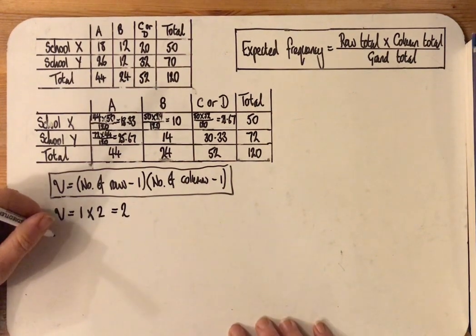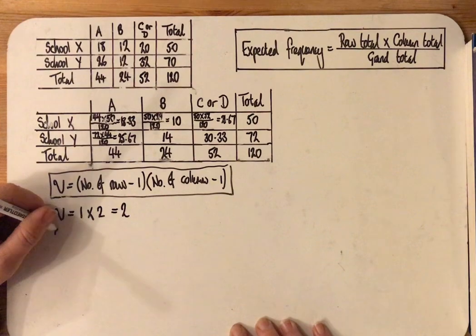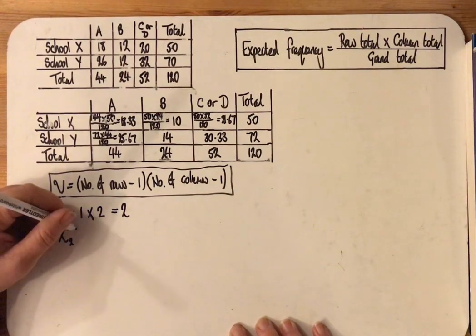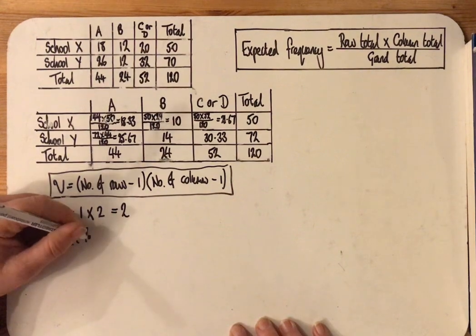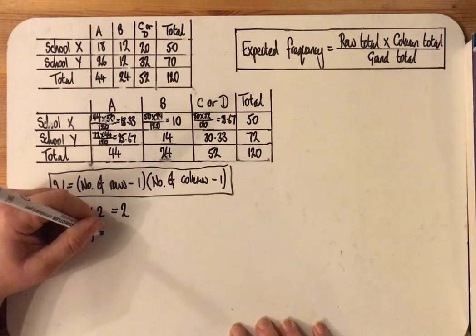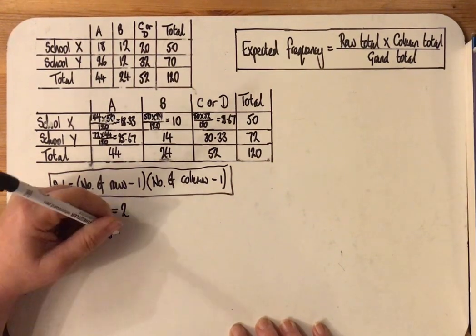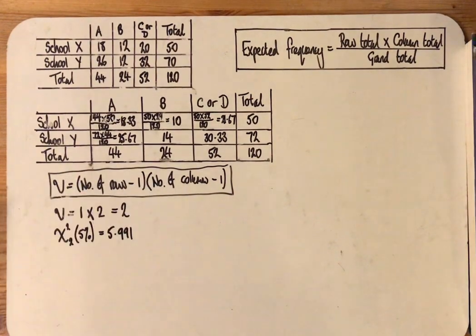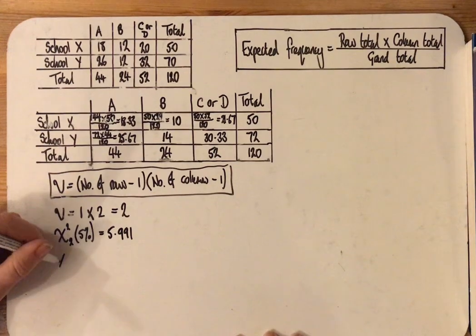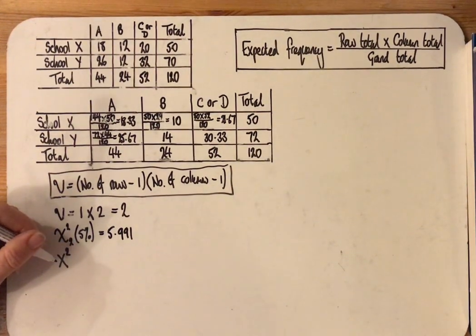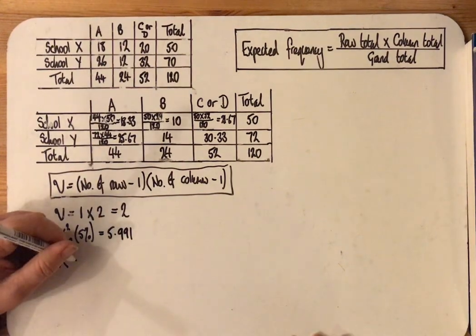If we're testing at a 5% significance level, then the critical value, reading off the table like you did before, comes out as 5.991. And then to calculate your test statistic, which is denoted with capital X squared, it's the same process. I'll write it out.